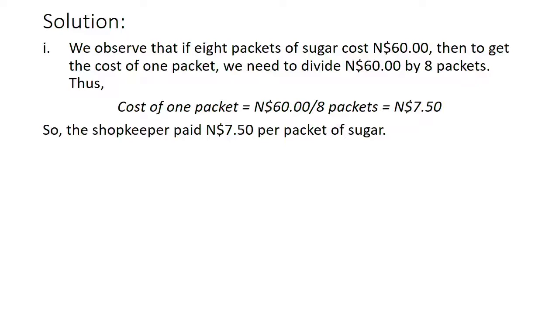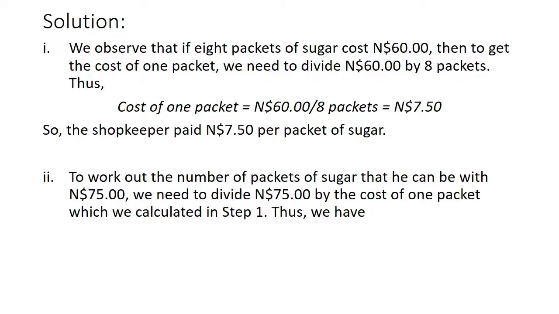That is straightforward. And then for the second one, to work out the number of packets of sugar that he can buy with $75, we need to divide $75 by the cost of 1 packet, so that we get the number of packets that he can buy with 75.